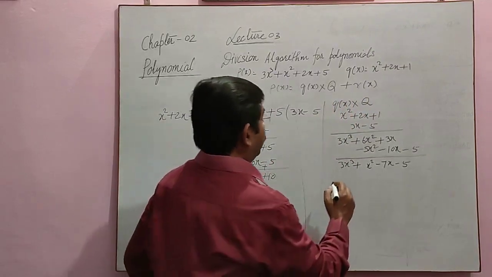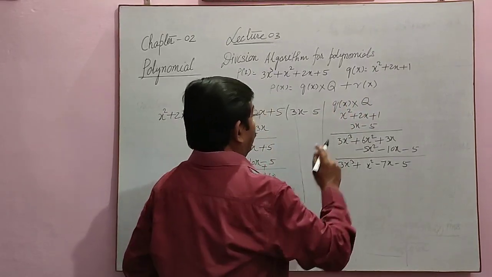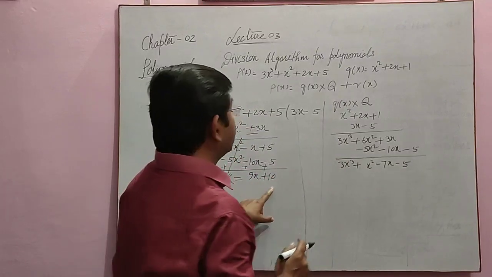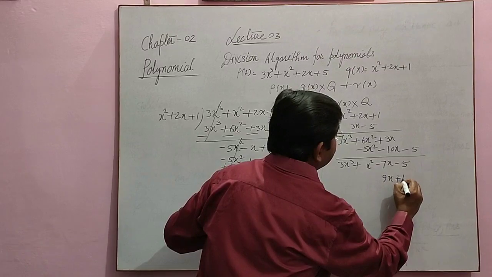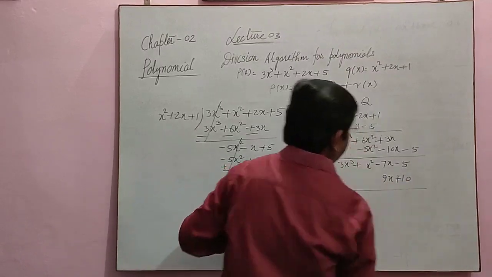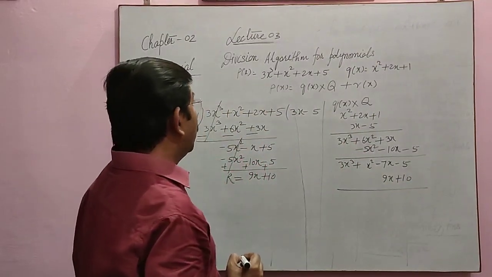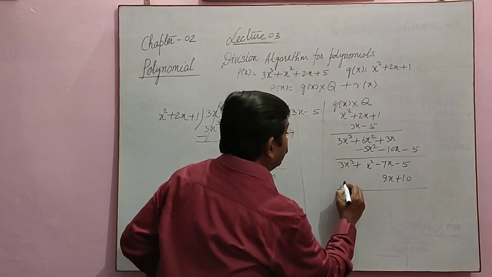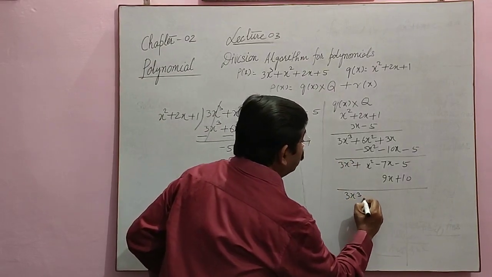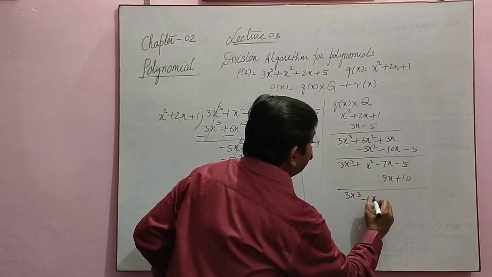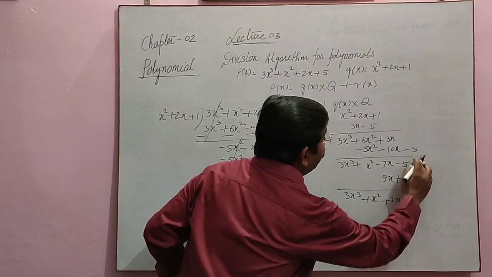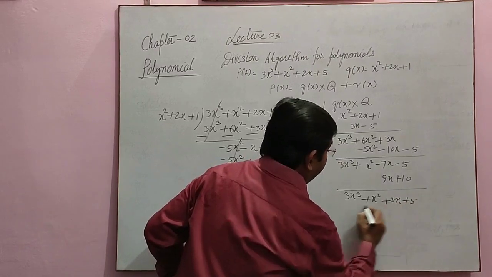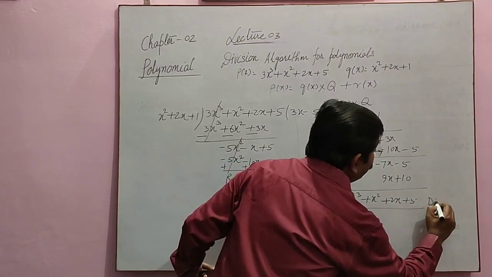Now plus the remainder. The remainder we have is 9x plus 10. Add this. So we have 3x cube plus x square plus 2x, and minus 5 plus 10 is 5, which is equal to the dividend.